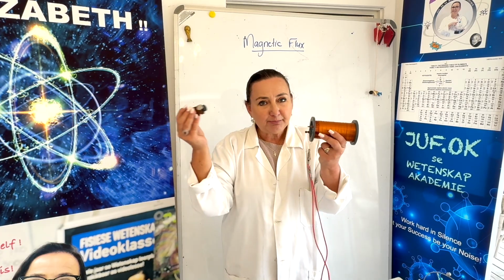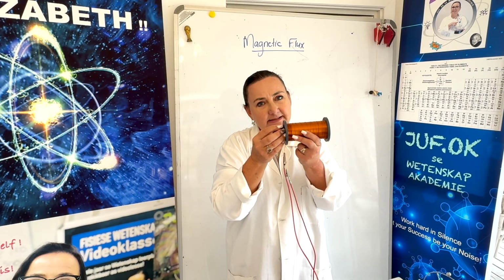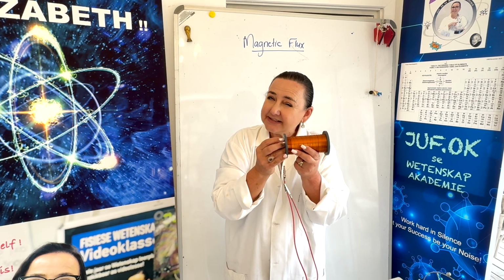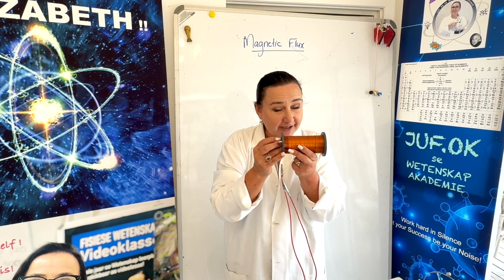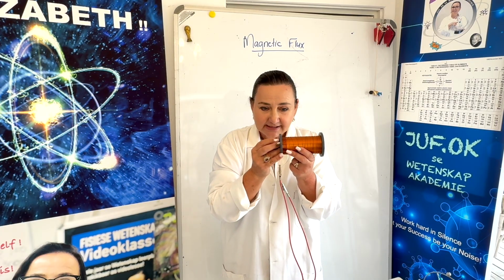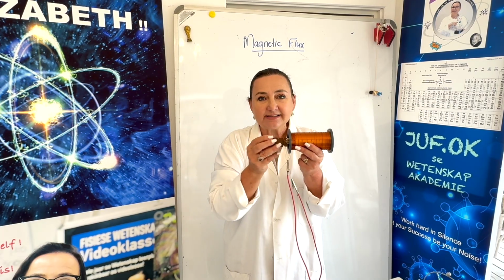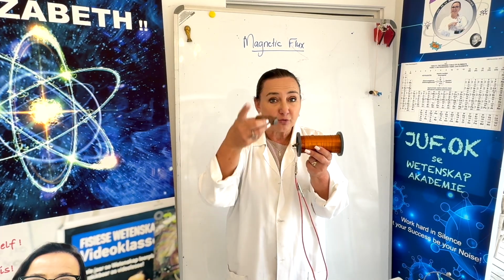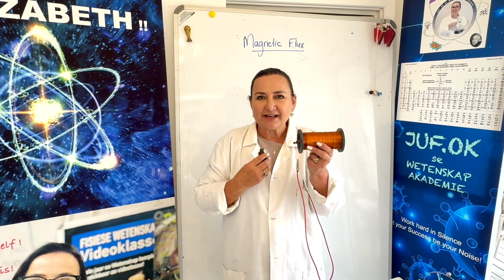So I'm going to push my magnet inside my solenoid like that, but if I hold it still, no electric current is induced, no EMF. Alright, so we're going to see that it's directly proportional to the change of the what? The magnetic flux. Now what is the magnetic flux?